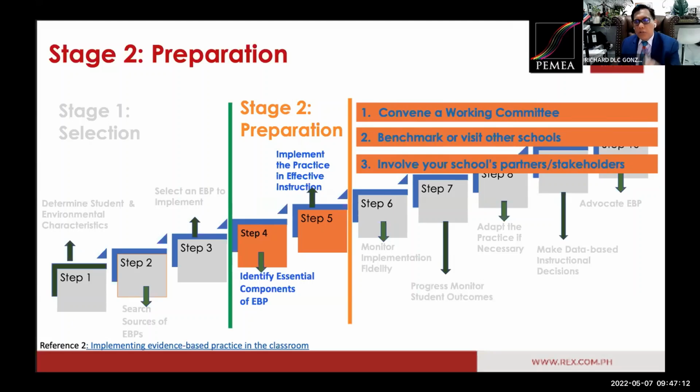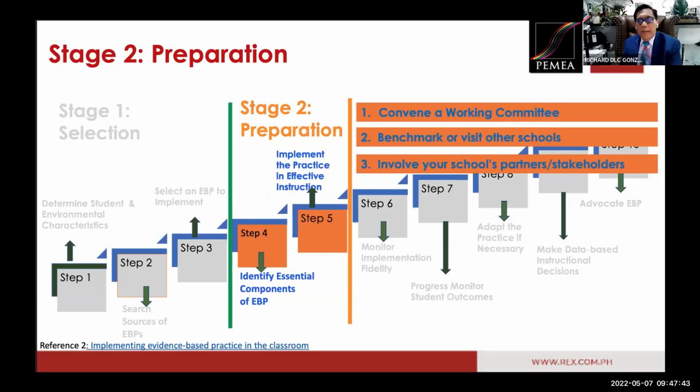Of course, it is important that you promote school buy-in, ownership, and you provide staff capacity to implement the program. You also provide opportunities for training and planning and create a system for information sharing around the EBP. Madali na lang yung information sharing, like isang WhatsApp group lang or isang FB group or isang Viber group.